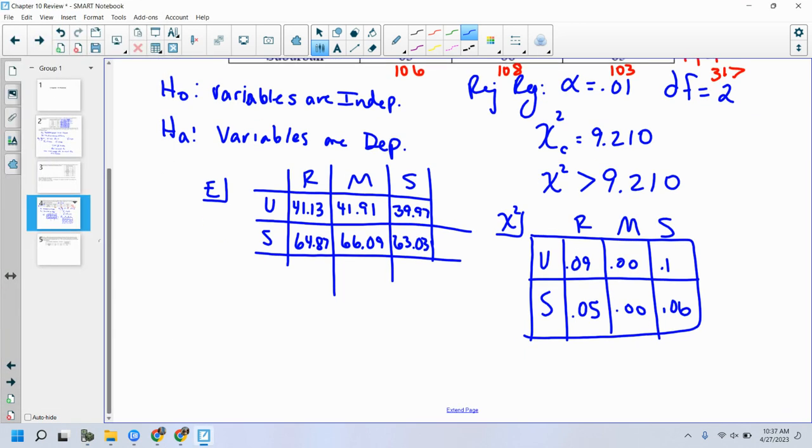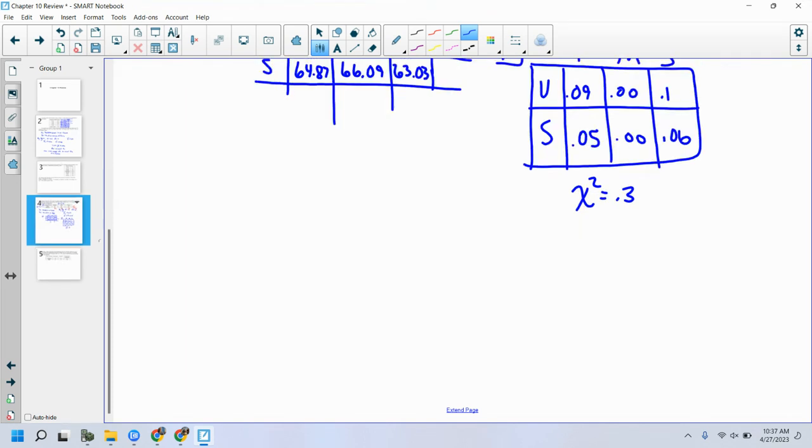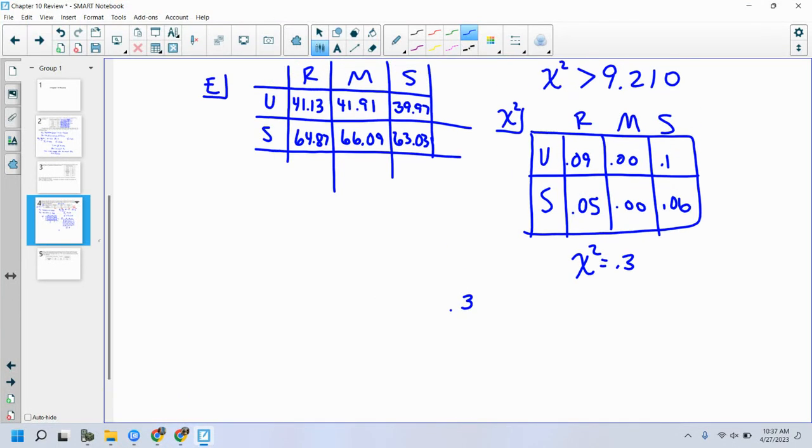Only 0.3? Is that right? It's reasonable because the distribution is so closely matched to what we expected. So we can say 0.3 is not greater than 9.210. Therefore, we fail to reject.